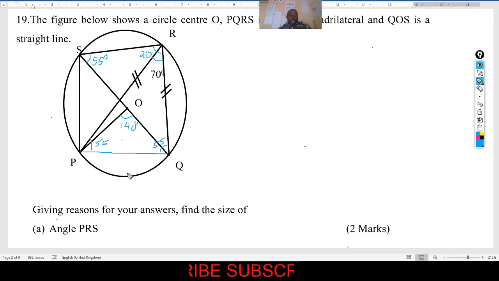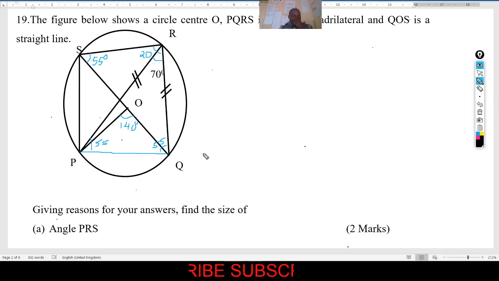Good. Let's answer the question. We give reasons, we find the angle PRS. Already it is gotten, it's 20 degrees. But you must write and give reasons.